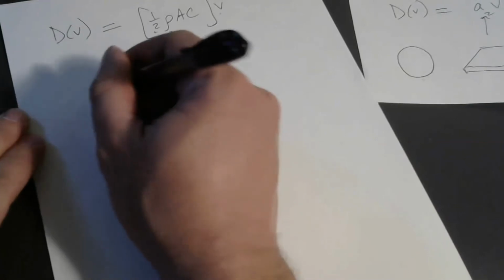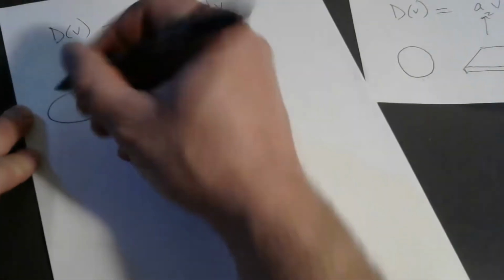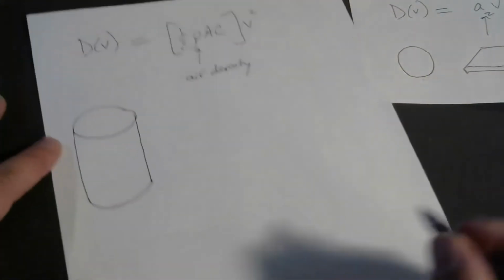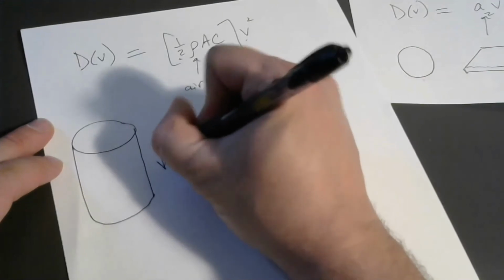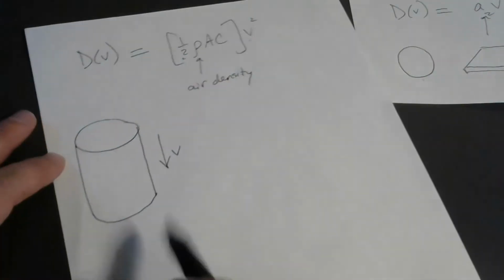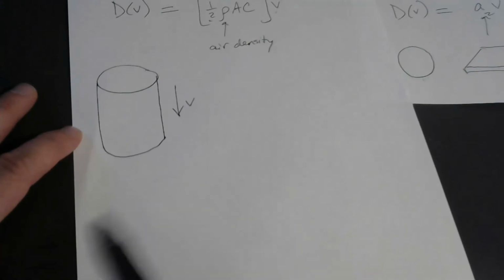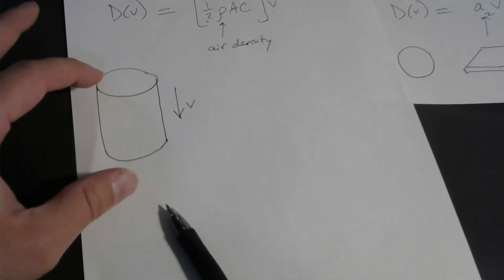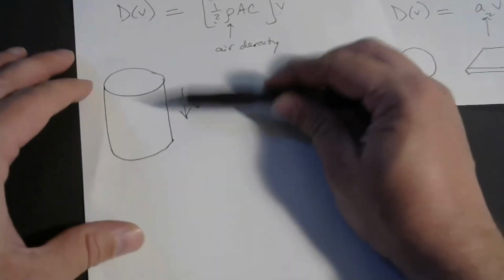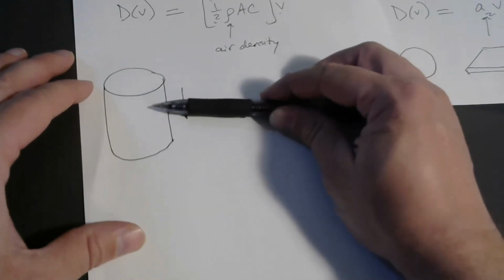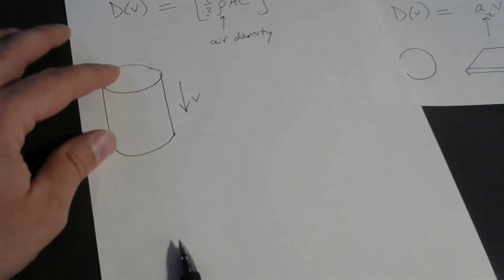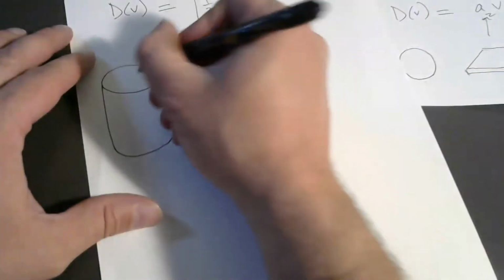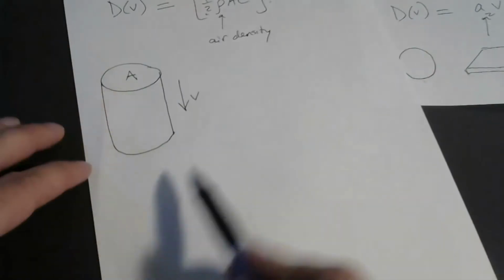For instance, if you drop a can of refried beans, or a can of tomato sauce, straight down through the air, imagine you are the can of beans, you would see the air rushing at you this way, and the cross-sectional area would be this.